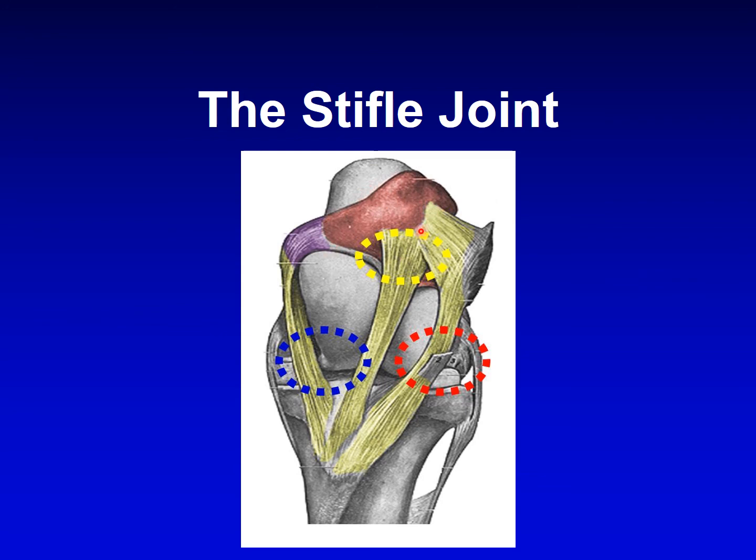Now, in the femorotibial joint, there are two compartments, medial and lateral compartment.